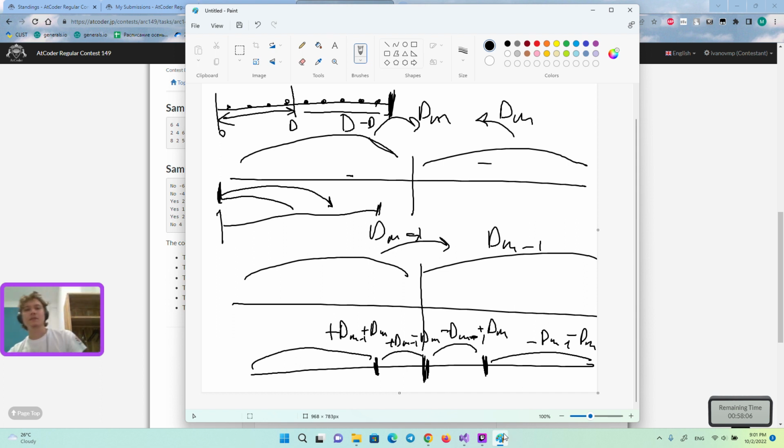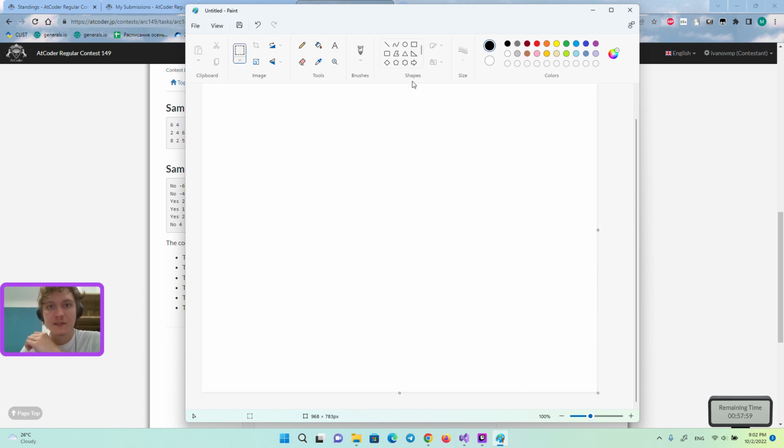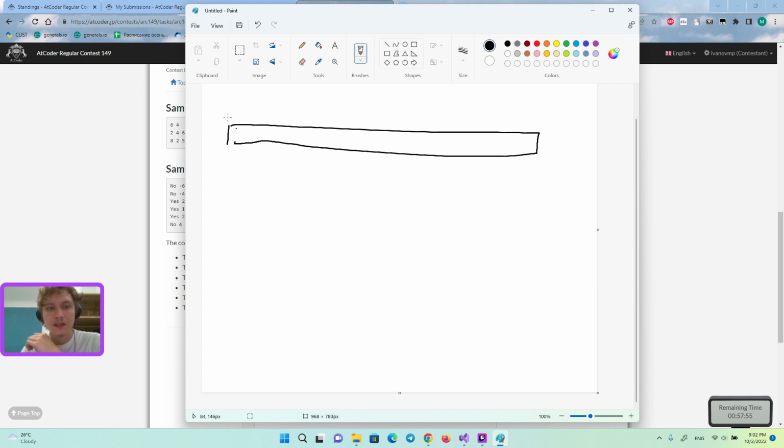Maybe we can again do it in the reverse order. So we want to know which points land in the 0 in the end, and which points land somewhere. So we are undoing DM. How can we undo DM?